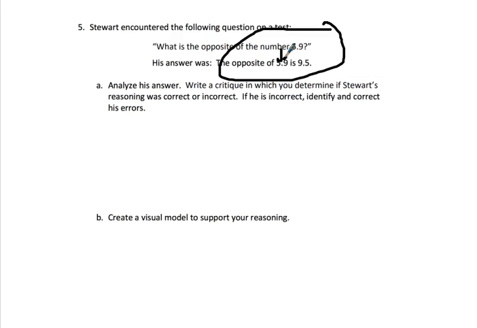The opposite of 5 9/10 is going to be a negative number. The errors that Stewart made were two. First, he switched the position of the numbers from 5 9/10 to 9 5/10. Second, he did not make the value negative. The correct answer should be negative 5 9/10, not switching the numbers.